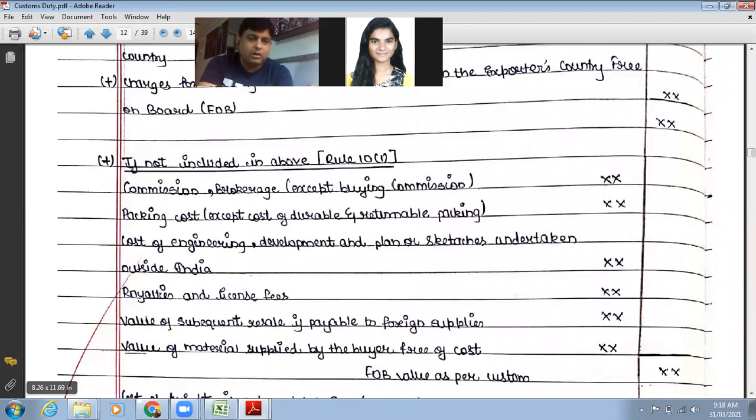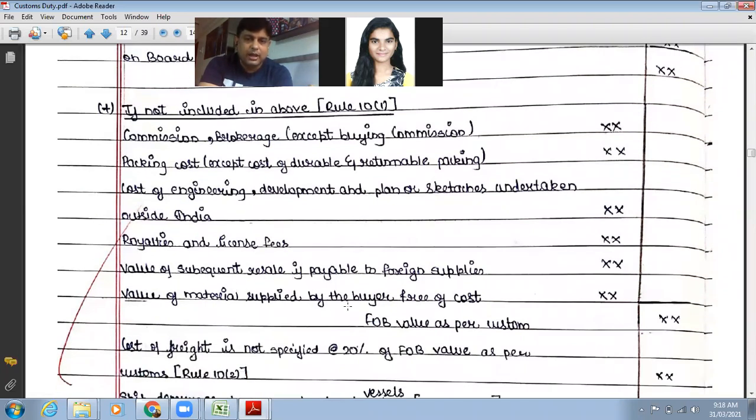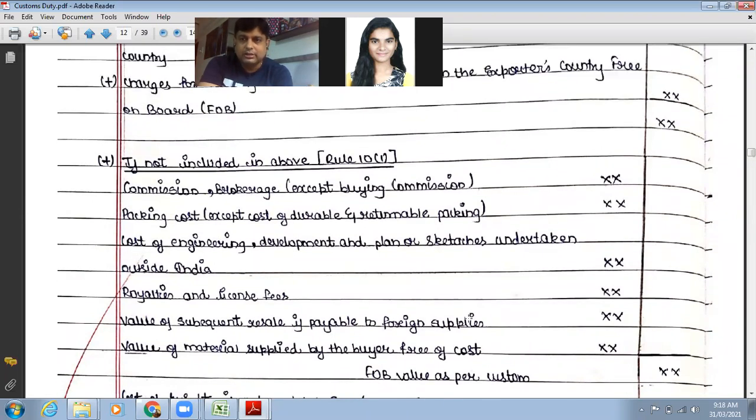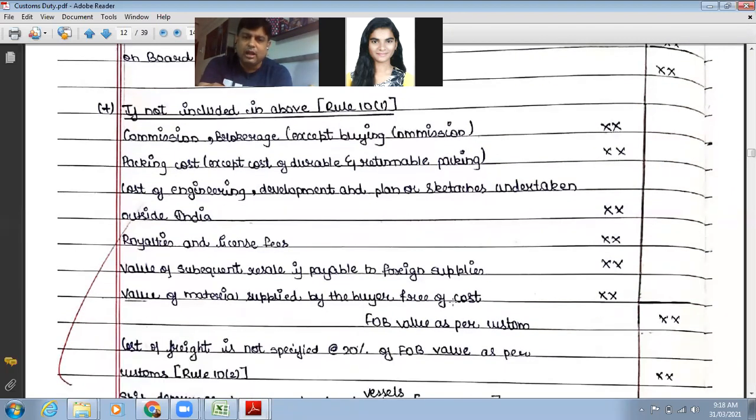Then you have to add the royalties, license fees, value of subsequent resale if payable for foreign supply, value of material supplied by the buyer free of cost, etc. So adding the things which are there in rule 10(1) will give the FOB, free on board value as per customs.